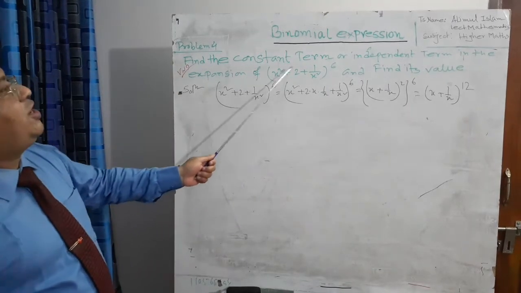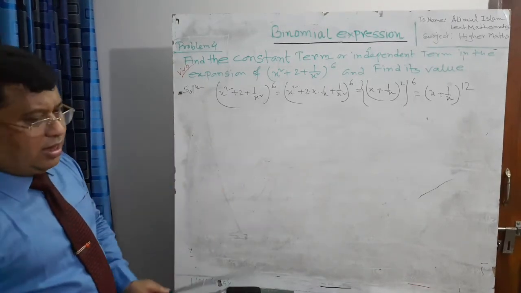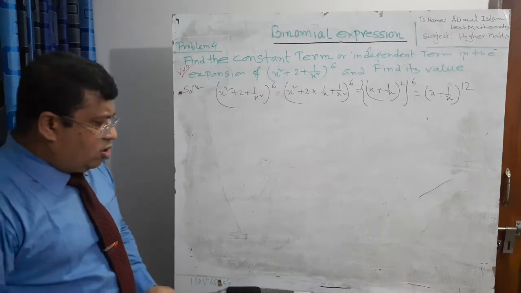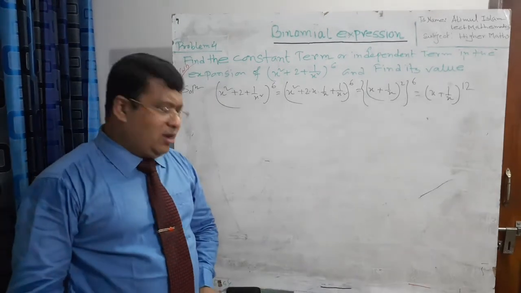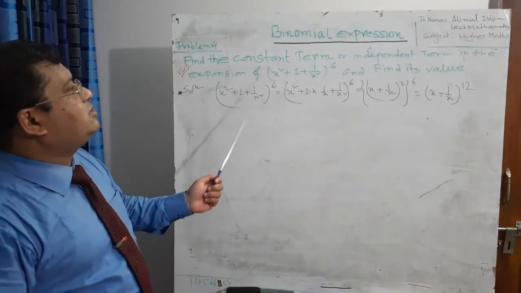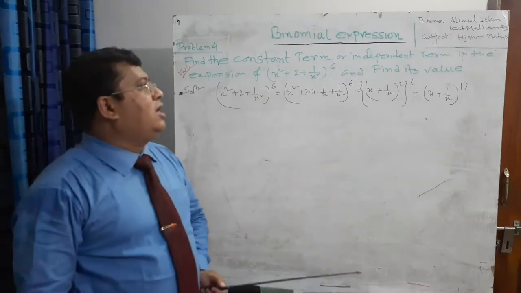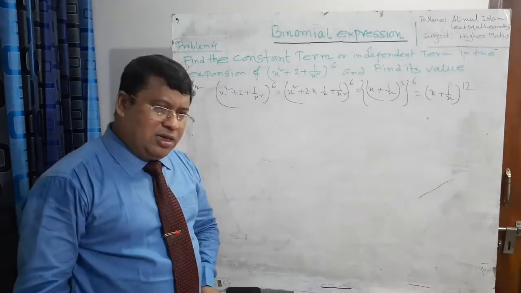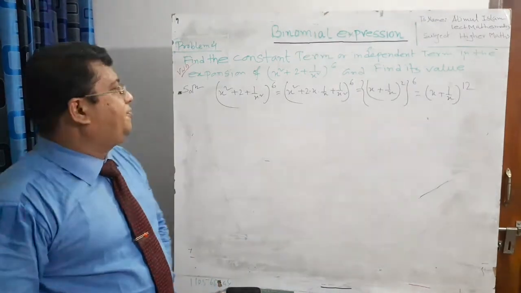Find the constant term or independent term. There are a lot of books in intermediate. Some writers retain the constant term, some writers retain independent term in the book. Constant or independent.